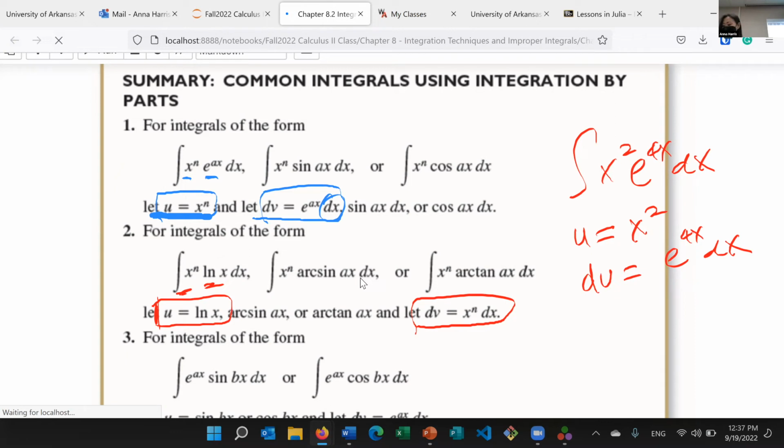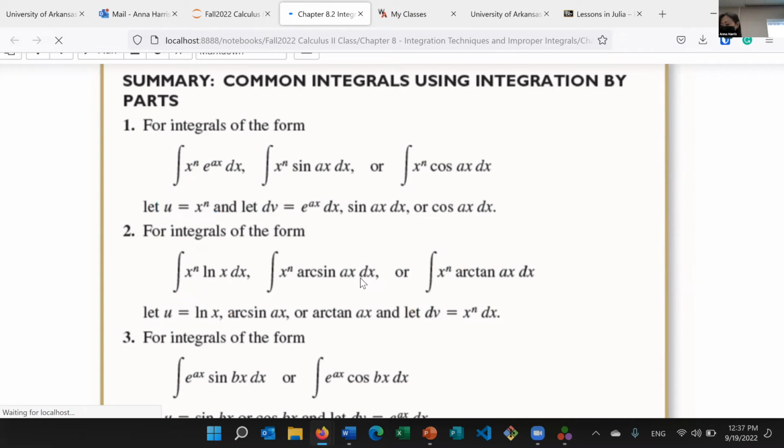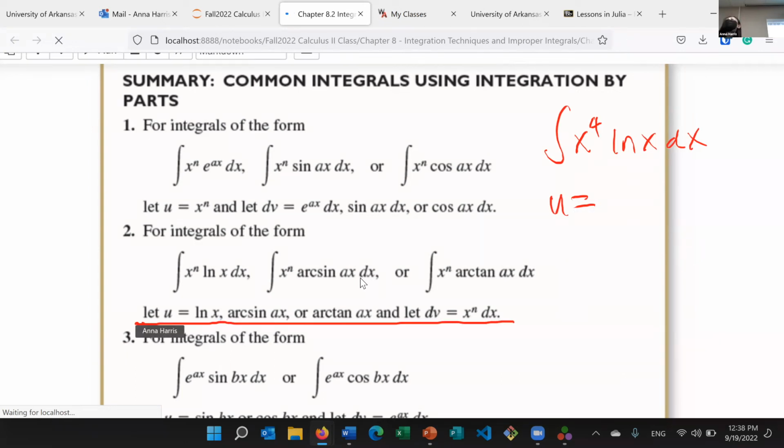Watch another one. Say you have x to the 4 and natural log of x dx. What's u in this case? Look at this, what did they say? Natural log of x is u.